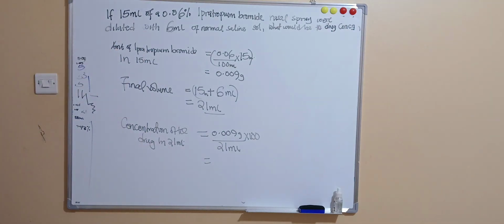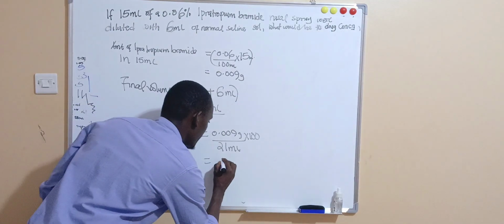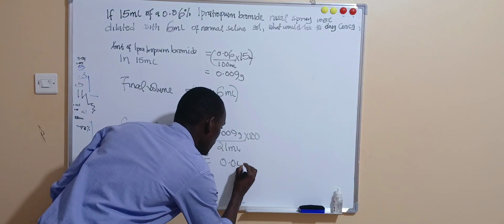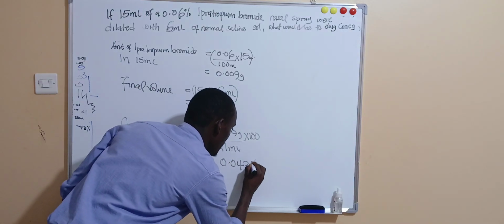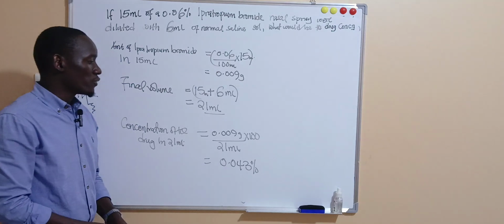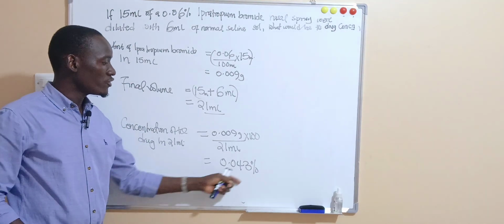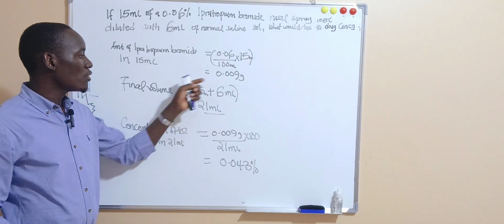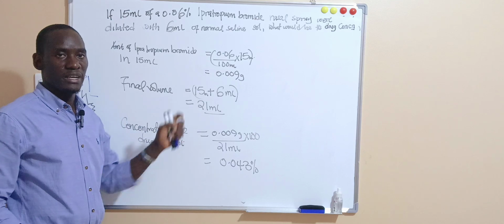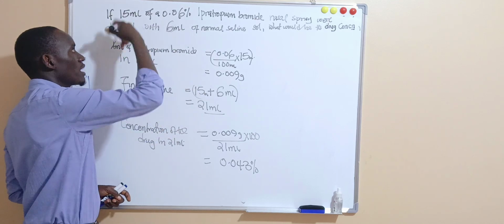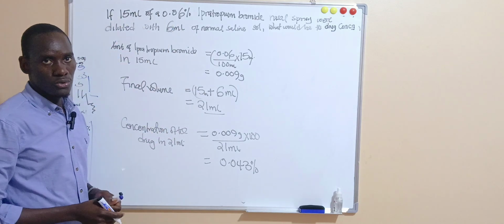This one will give us 0.043%. So you realize that the concentration reduced when we added more solvent to our original solution.